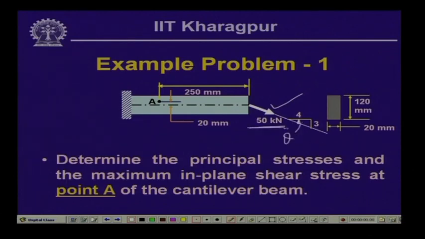The magnitude of this load is 50 kilonewton, and this load is acting at an inclination of theta with respect to the axis of the beam. The cross section of the beam is a rectangular one having width 20 millimeter and depth 120 millimeter. Now, we will have to compute the maximum in plane shear stress and, of course, the principal stresses.